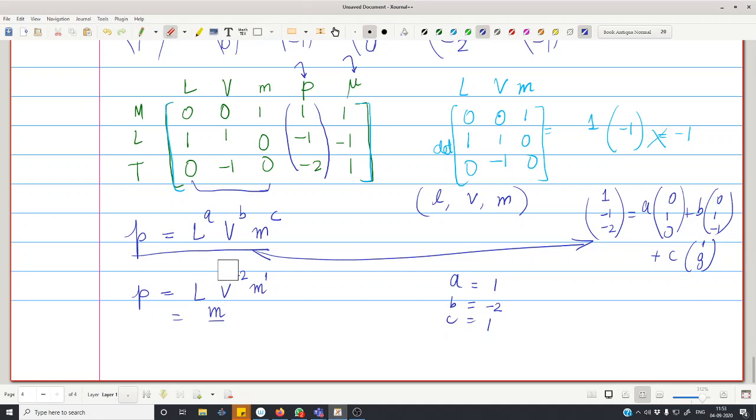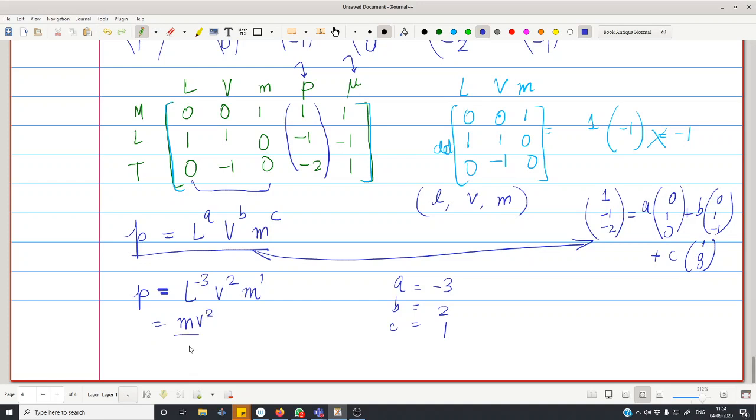It should be minus 3, 2 and 1. So what is A, B and C, I ask again. Minus 3, 2 and 1. So L to the power minus 3, V to the power 2 and M to the power 1. So it is M V square upon L cube.